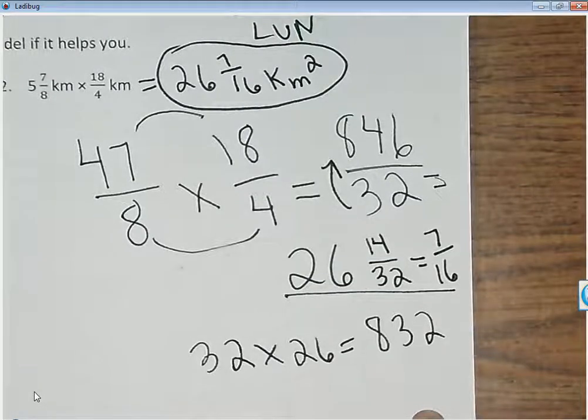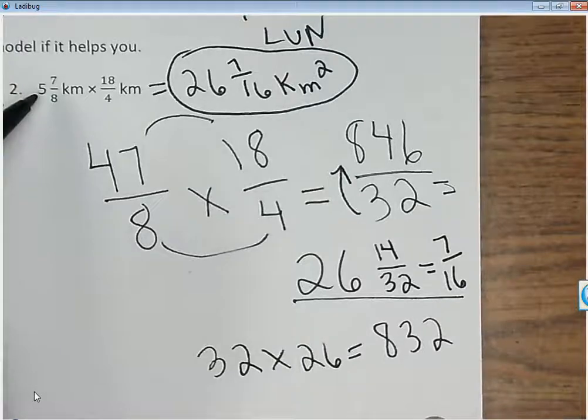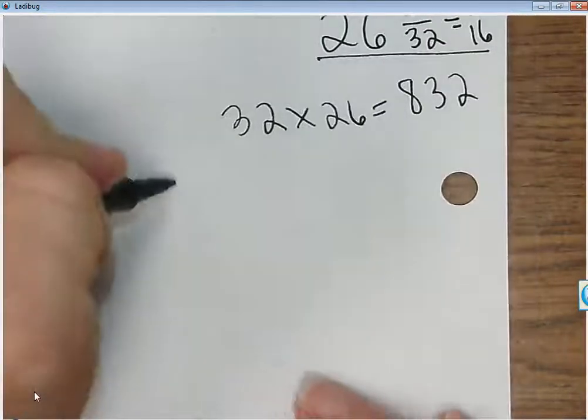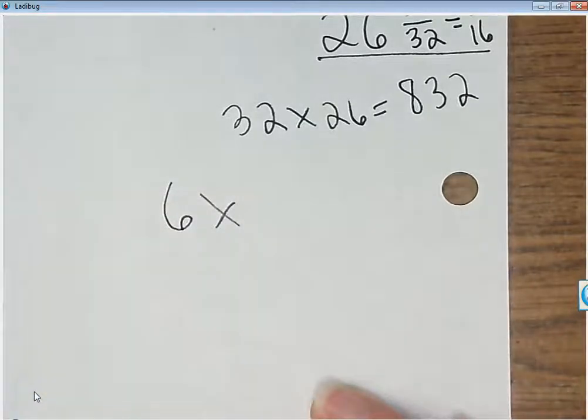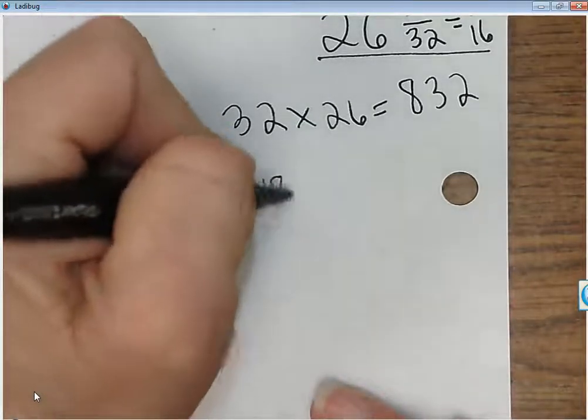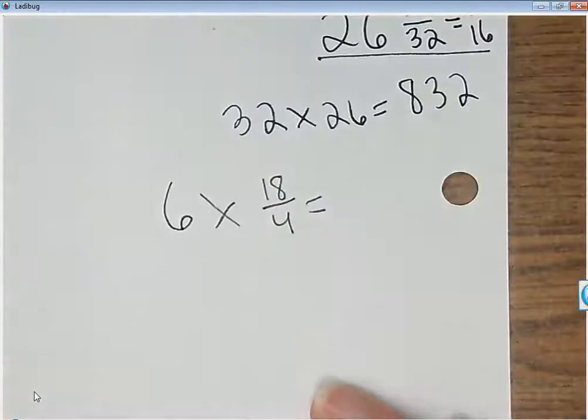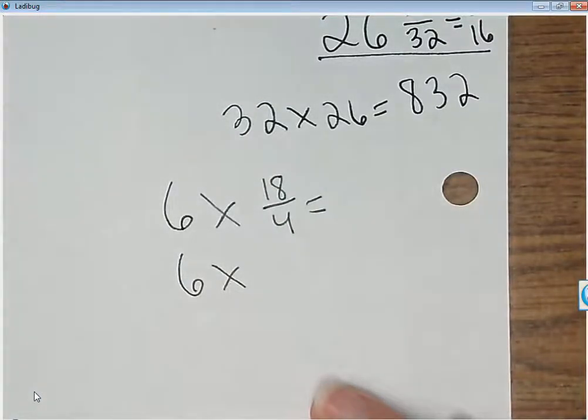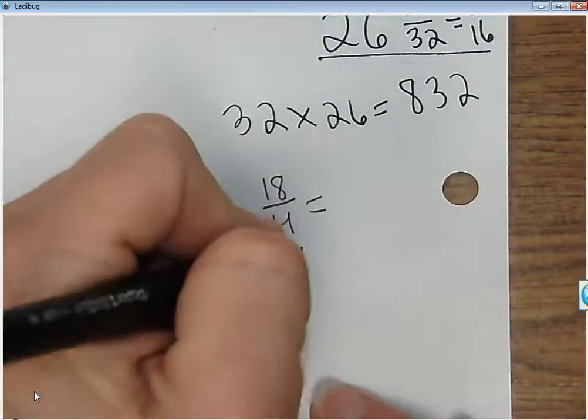See if it's reasonable. So this number is about 6. So to check to see if it's reasonable, we've got about 6 times 18/4. And 18/4 would be 4 2/4, which would be 4 1/2.